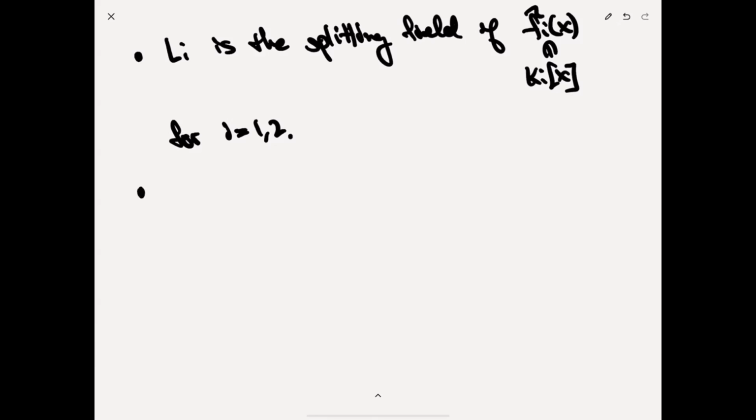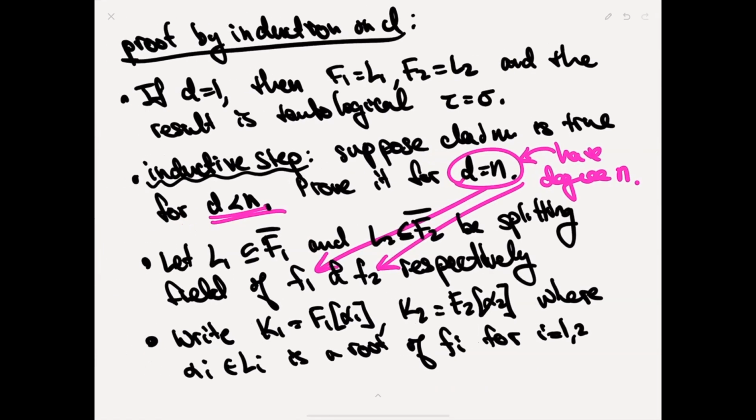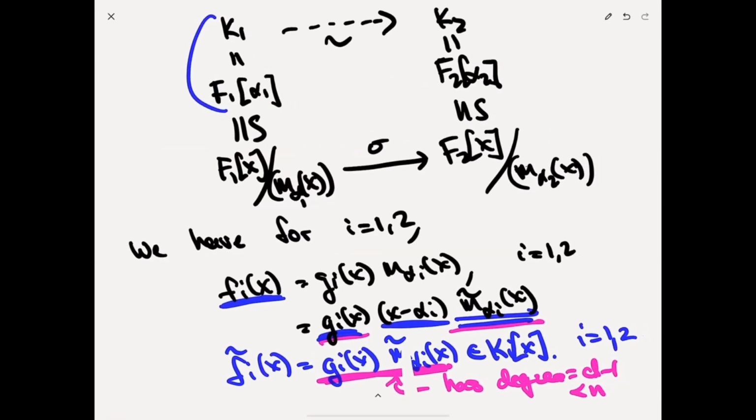Notice that our inductive hypothesis is that suppose the claim is true for degree less than n. It said nothing about what fields we're looking over, right? So we're just saying that an isomorphism of fields induces an isomorphism of the splitting fields. It said nothing about which fields, and so we're allowed to extend the field, right? And that's what we're going to do. We're going to extend the field in order to lower the degree of the polynomial and make this whole thing work.